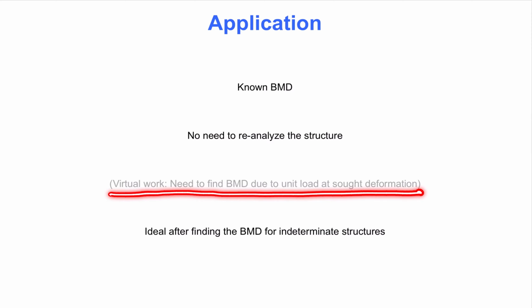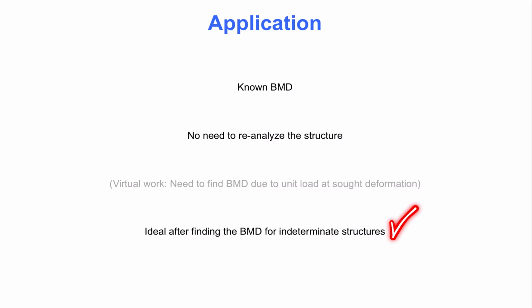Unless the flexibility method is used in the build-up to the calculation of a deformation, we need to reanalyze the structure for a unit virtual load, which can be a considerable amount of work for a statically indeterminate structure. This is why the moment area method is ideal for finding deformations in statically indeterminate structures for which we have already obtained the bending moment diagram. There is no need to reanalyze the structure.